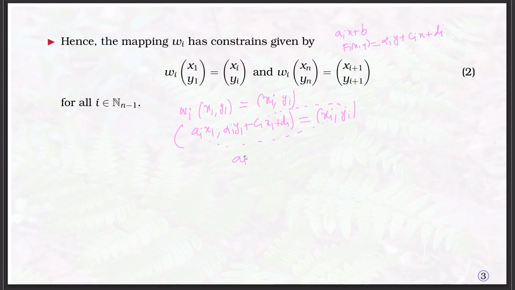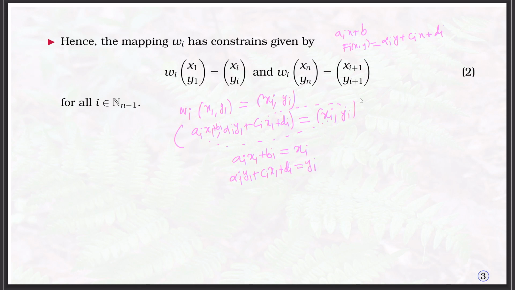So ai x1 plus bi, yes, I missed the bi, must be equal to xi, and alpha i y1 plus ci x1 plus di must be equal to yi.